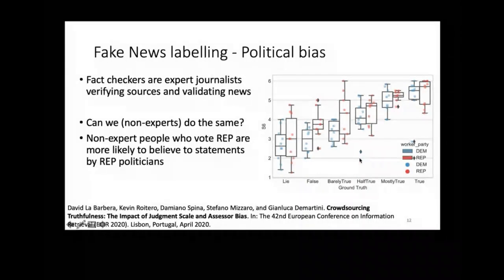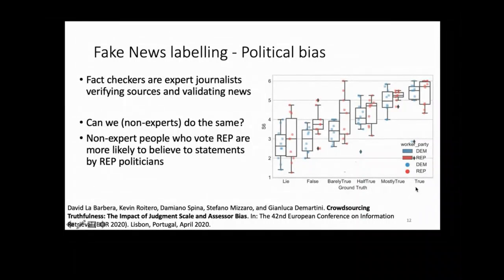So this is shown in this plot. Again, on the x-axis, you have the expert labels from extremely true to extremely false. And on the y-axis, you have the crowd worker labels. In this plot, you only see statements by Republican politicians, the red politicians, and the points in red represent crowd workers who voted Republican, while the blue dots represent crowd workers that voted Democrat in the previous election.